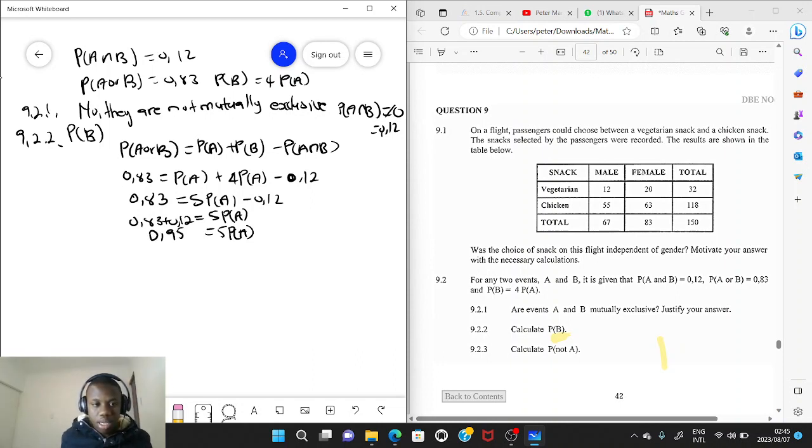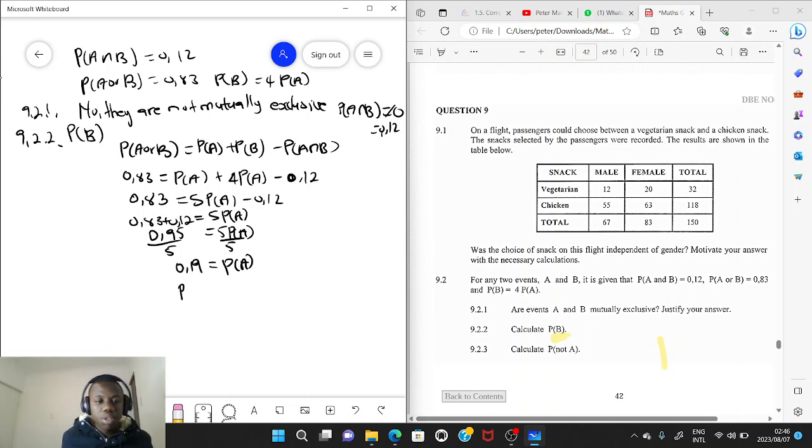We get 0.95. We are not done. What do we have to do? We divide both sides by 5, since we are looking for the probability of A in this case. So we take 0.83 plus 0.12, and then we divide by 5, so we get 0.19.